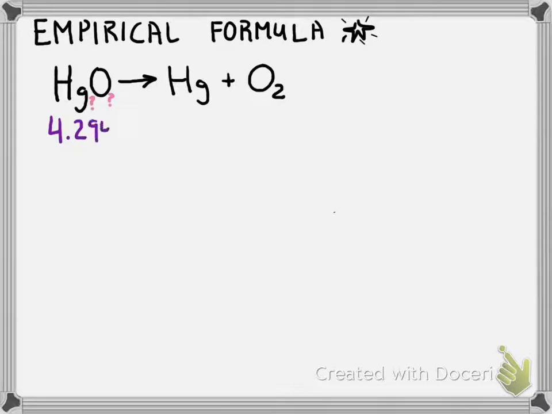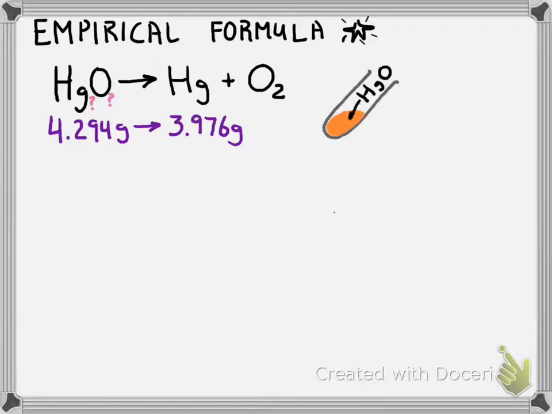So imagine that we weigh out the amount of mercury oxide really carefully, and then when we're done with the reaction, we also weigh the mercury that we have after the reaction. So we start out with the mercury oxide in the test tube, and that's heated up, and it breaks down into mercury, which is a liquid here, and it remains in the test tube.